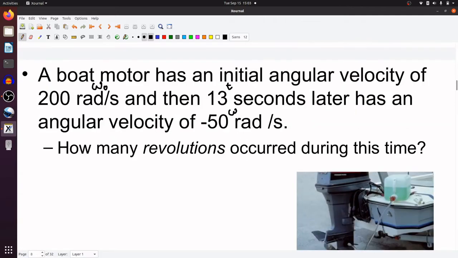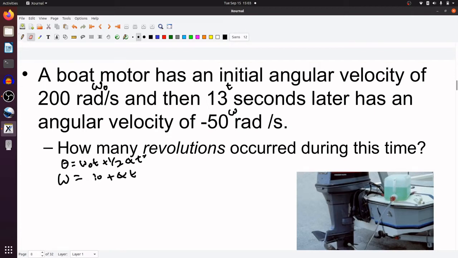And I'll do this slightly different than I did last one. Basically put, we need to figure out theta, but we can't use theta is equal to omega naught t plus 1/2 of alpha t squared because we don't know what alpha is. So let's find alpha. We're going to use omega is equal to omega naught plus alpha t.